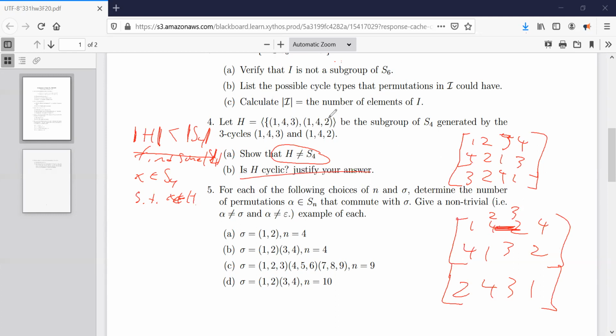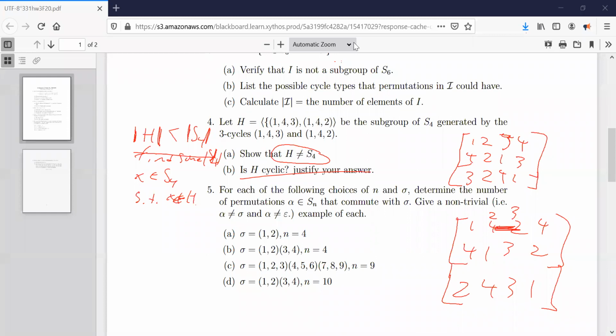No, because we need both of these guys to generate H. We can't generate it with either of them, and you can see that based on the fact that we went through the entire cycle for each of them. Does that make sense? Cool.